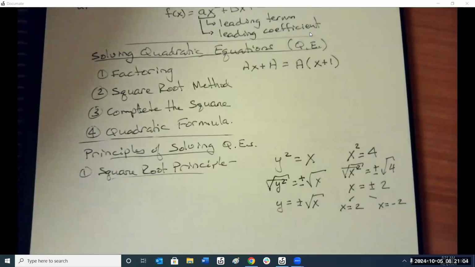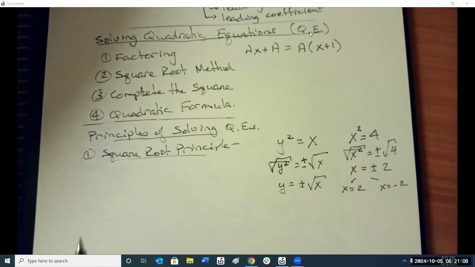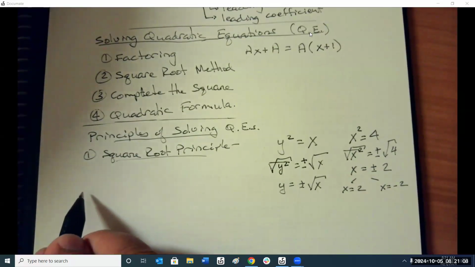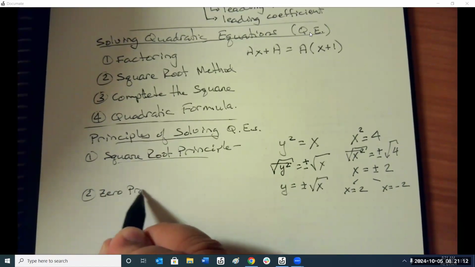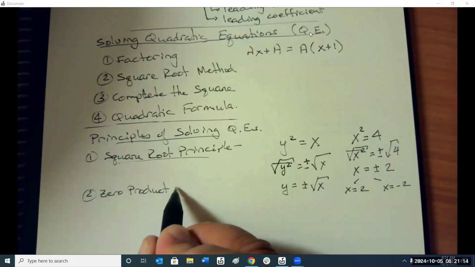The second principle is called the zero product principle.